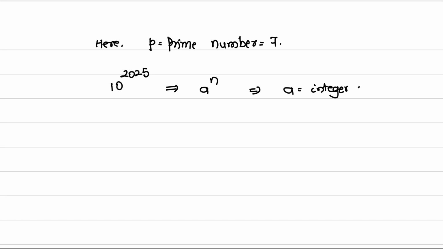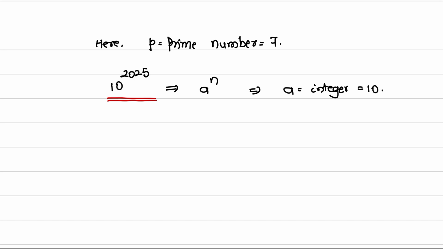I am just correlating Fermat's theorem with the numbers given. 10 to the power of 2025 can be represented as a to the power of n, where n is 2025 and a is the integer 10.